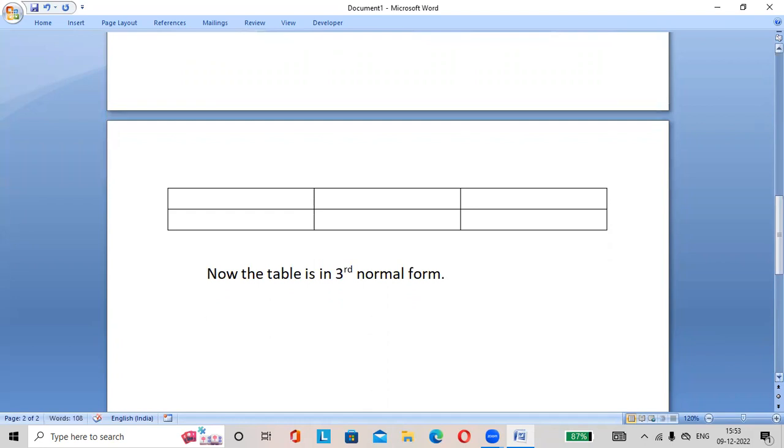Is it clear about third normal form? Yes, understood. Here we are storing more information, and the table is in third normal form.